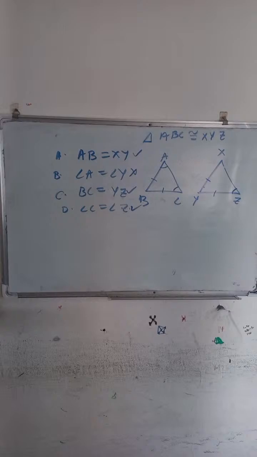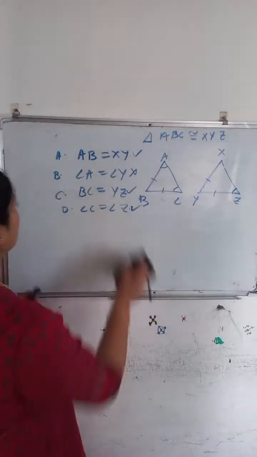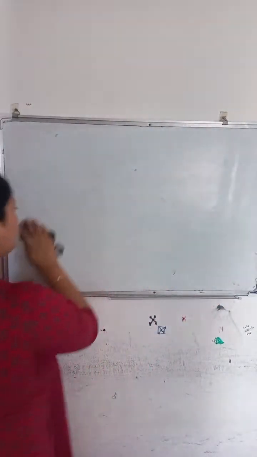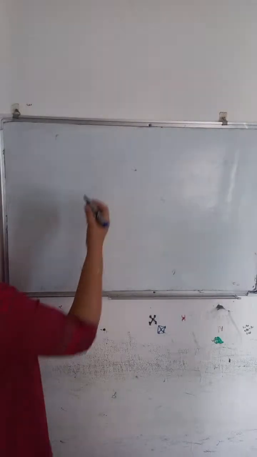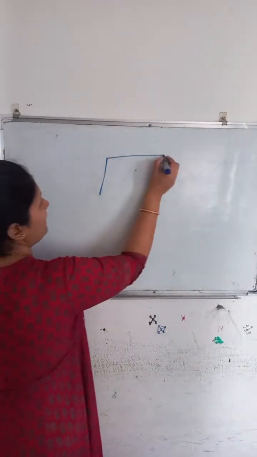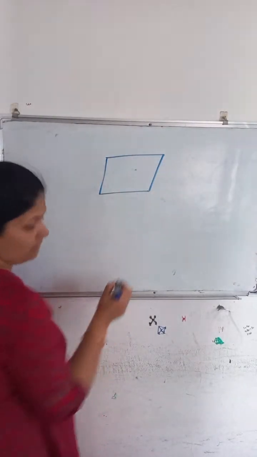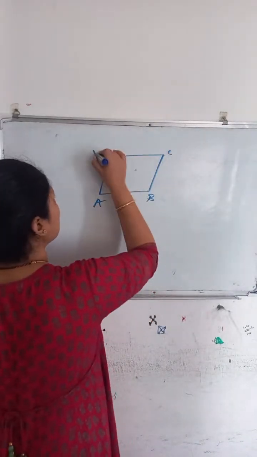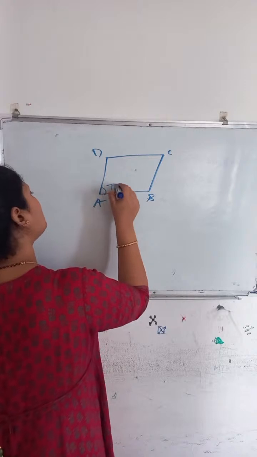Okay, so here diagram is given. The given figure is a parallelogram, and here ABCD, angle A is 70.